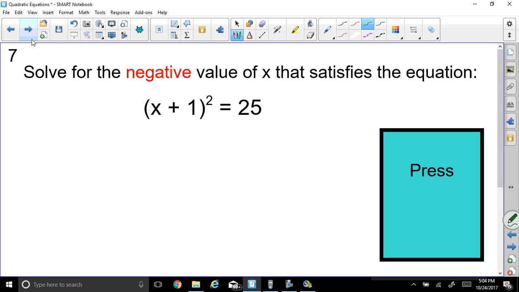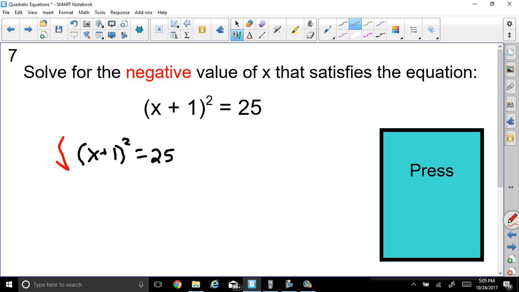Now here's an interesting one. Solve for the negative value of x that satisfies the equation. Okay, we got a little bit longer equation here, and let's try to deal with it. So let's rewrite it down here, because we don't like writing over the equation in case we mess up. And I'm going to do the same steps that I've been doing all along.